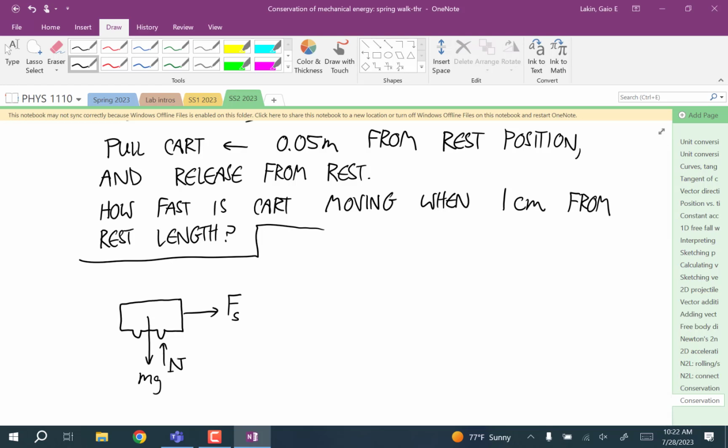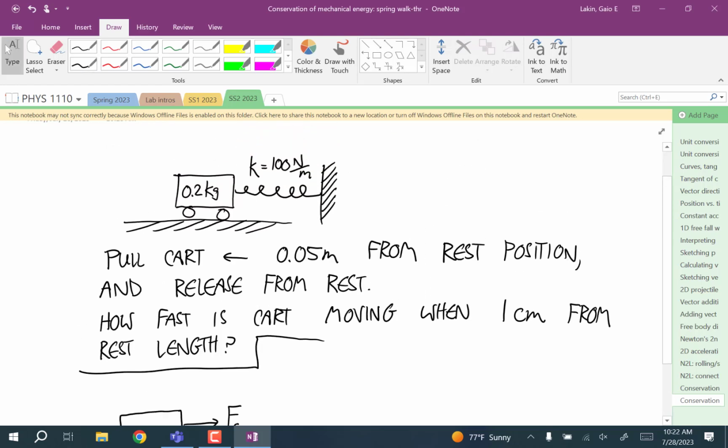So yeah, this'll work. The other thing that we have to do is, whenever we're dealing with gravity, we have to choose a location that we're going to call our height equals 0. And you just have to be consistent through the problem. We might as well choose that height equals 0 to be the height that this cart is at through the whole motion, because that'll make the gravitational potential energy go away at every instant.